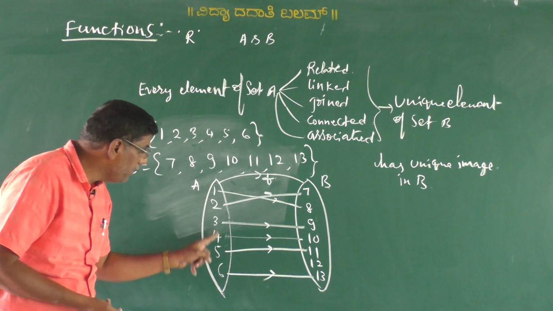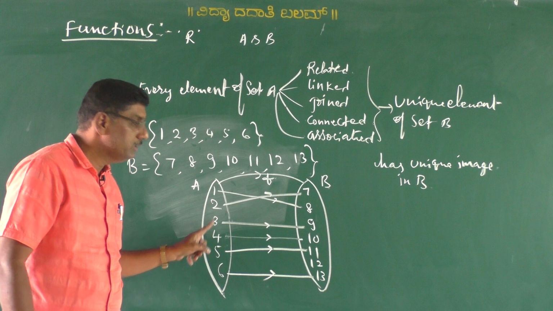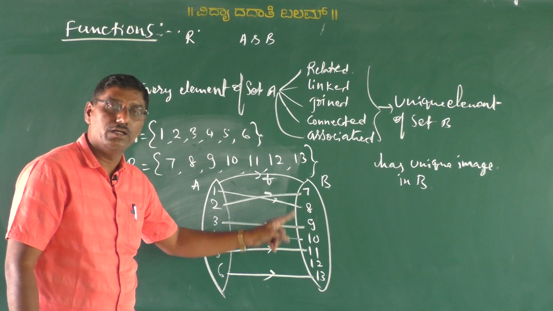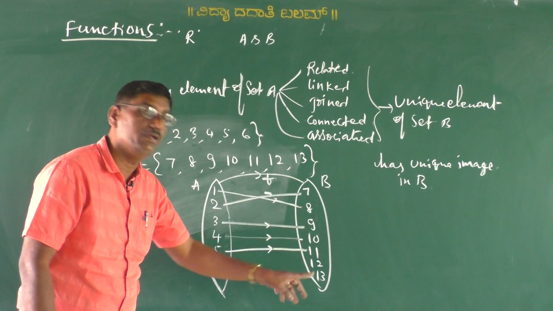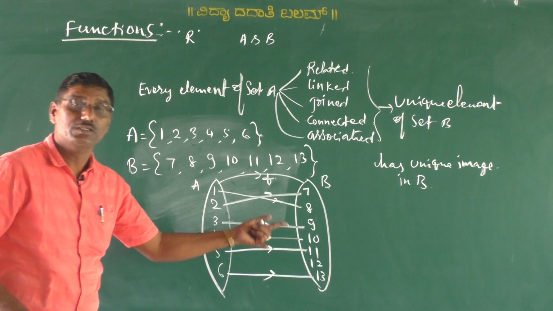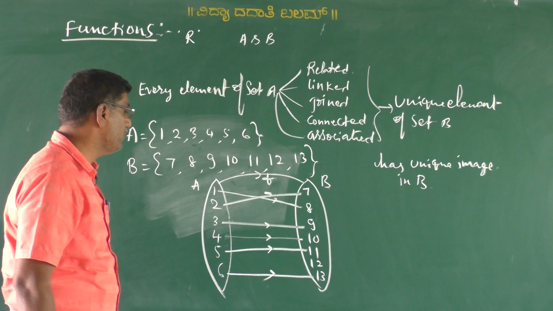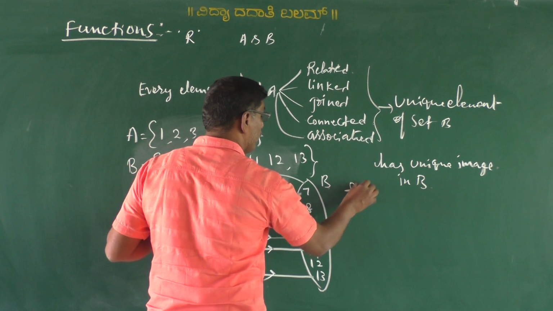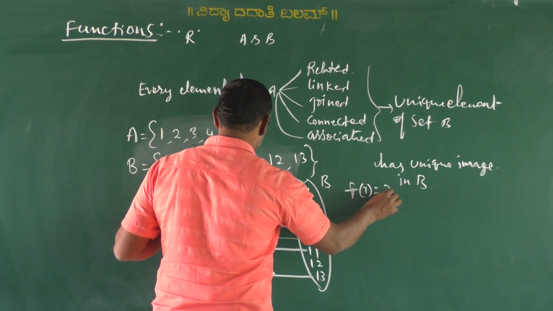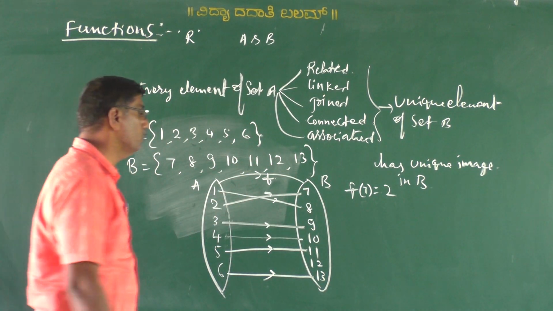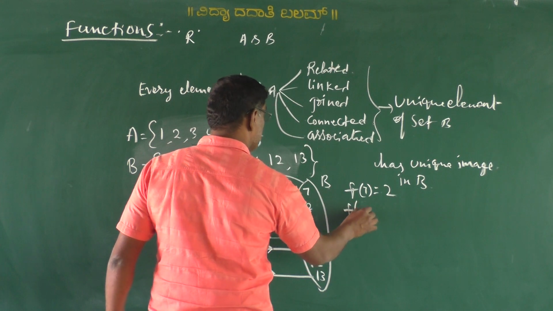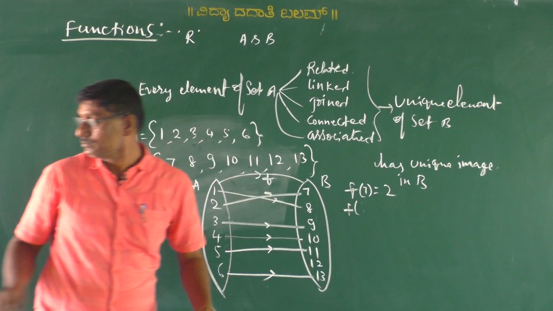Since every element of set A is related, joined, linked, connected to a unique element of set B. This can be written as f of 7 is equal to 2. Am I correct? Are you understood?